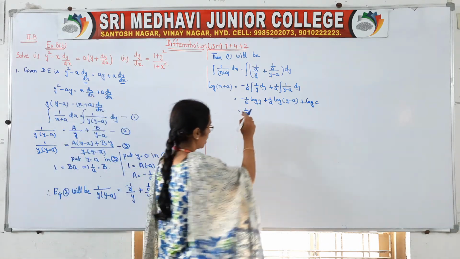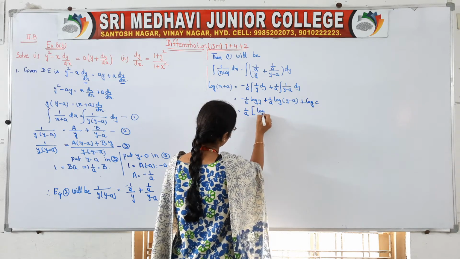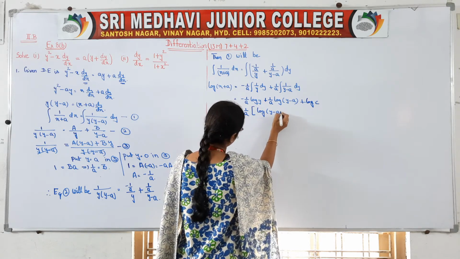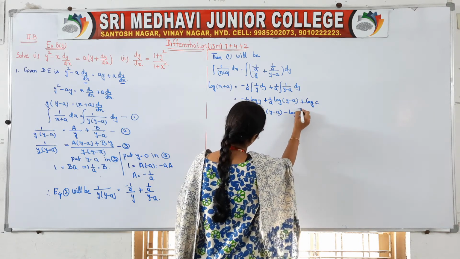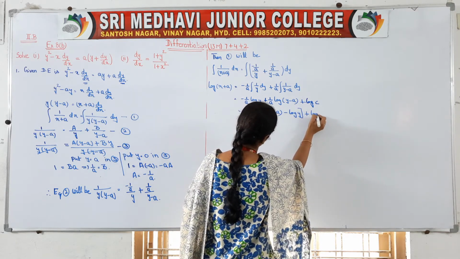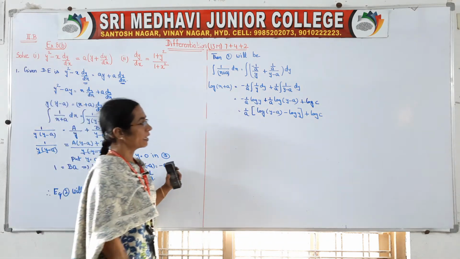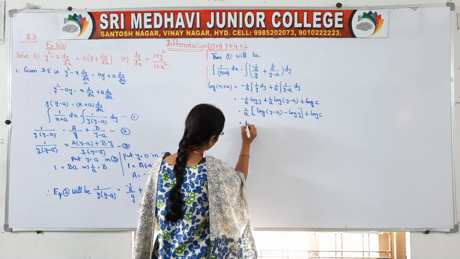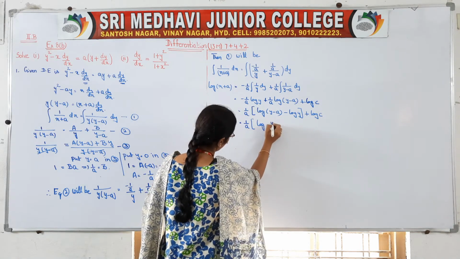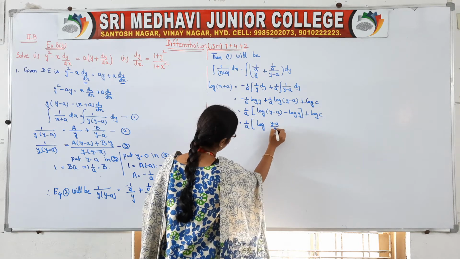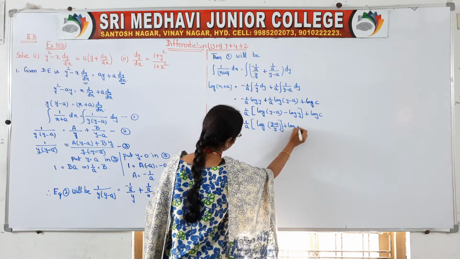So now 1 by a times, first you write the positive term log of (y minus a) and minus log y, plus log c. Log m minus log n is log m by n, a standard formula: log of (y minus a) by y, plus log c.